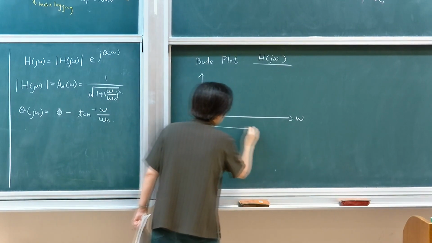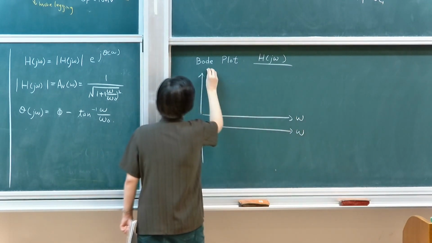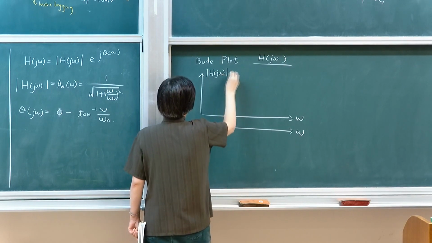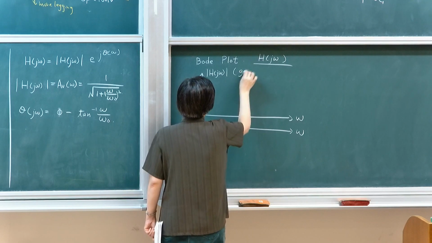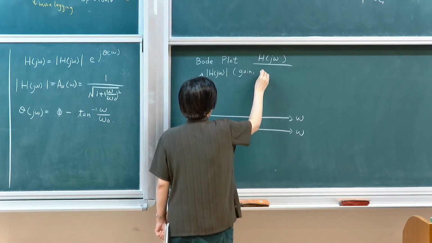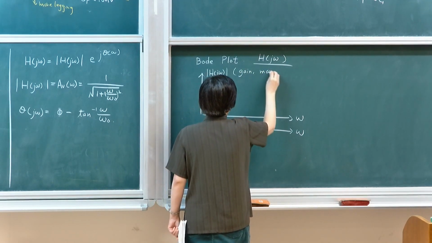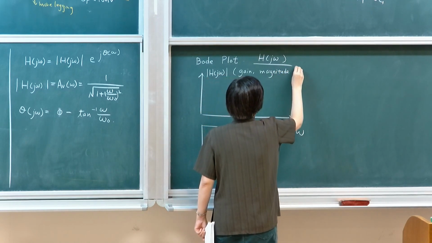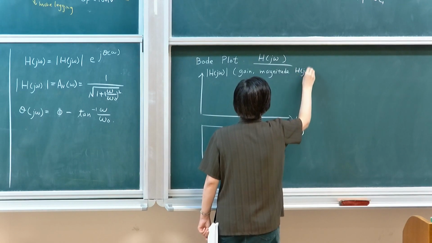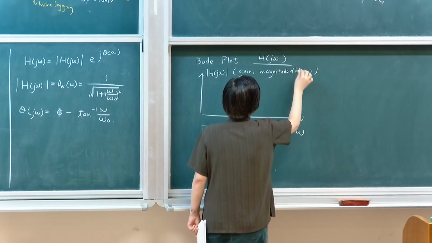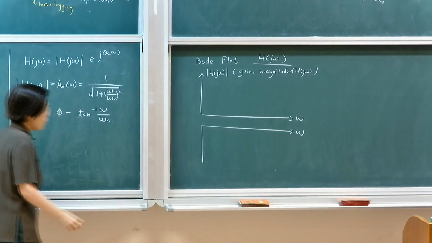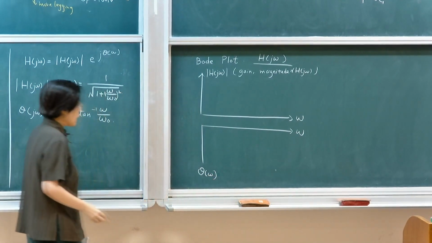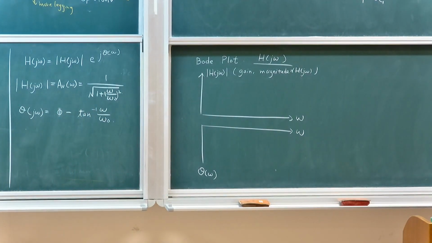One is its gain, which is the magnitude. It is typically referred to by two names, gain or magnitude of the transfer function. Okay? And then you also want to plot the phase. Your phase describes the delay.